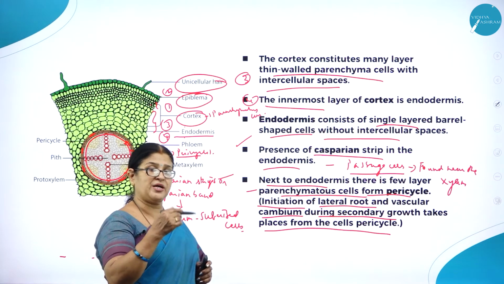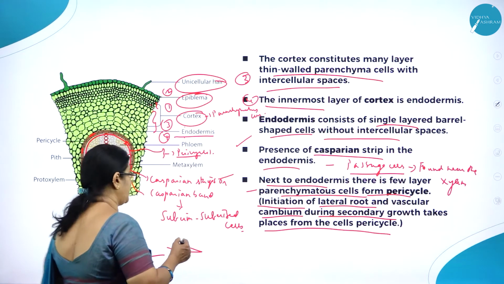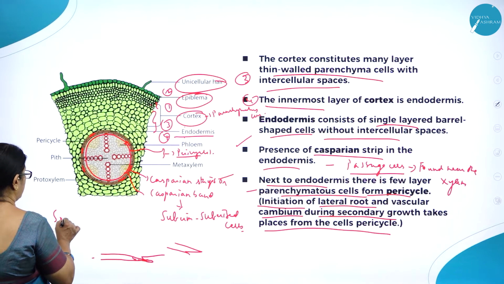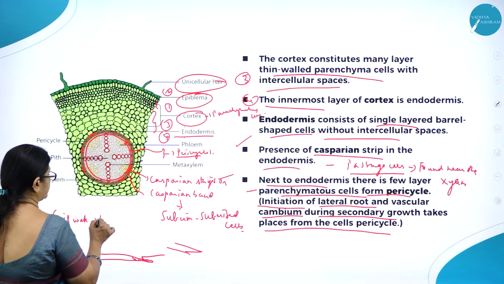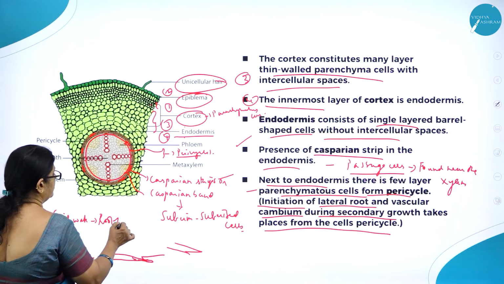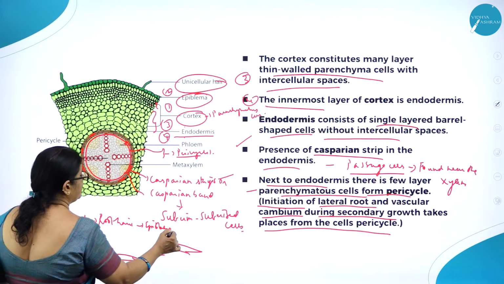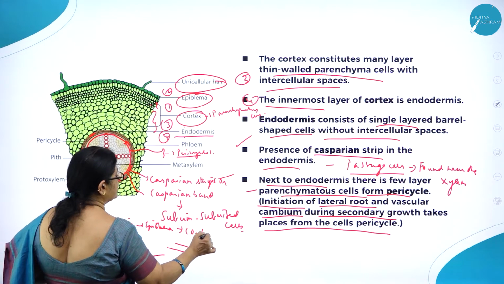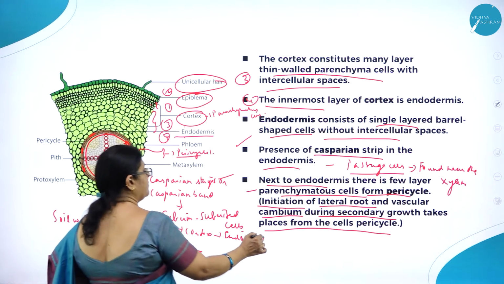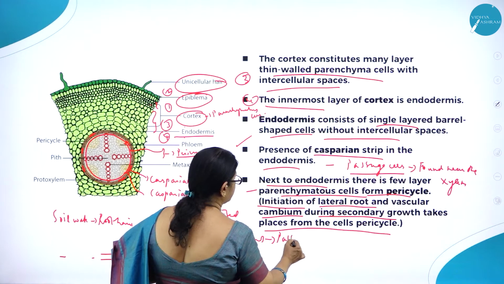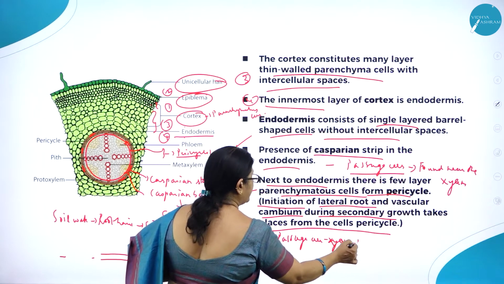You know what is the pathway for the absorption of water? The pathway is like this. From the soil, water goes to root hairs, then via epiblema, via cortex, via endodermis, that is passage cells, to xylem, and from xylem to pith.